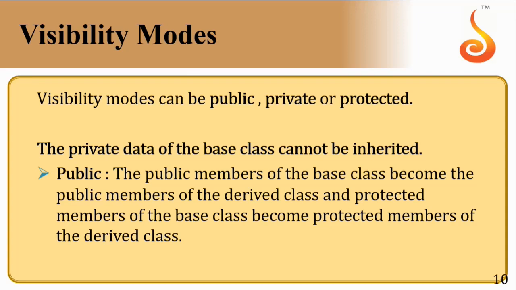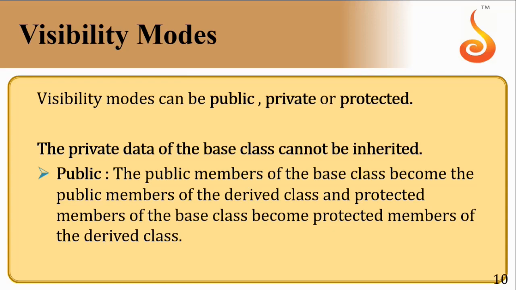It is only for the class. The member functions of the class can only access that. It cannot be accessed outside, nor can it be inherited. You can inherit protected as well as public data, but you cannot inherit private data. Private data is always private to the class.